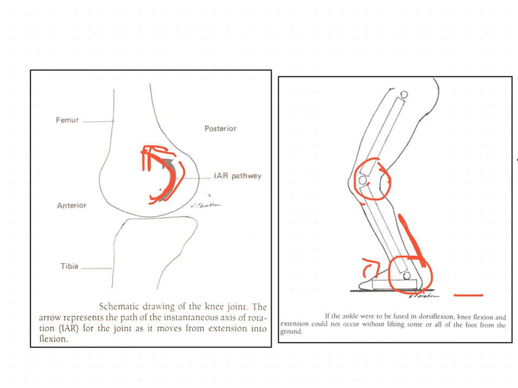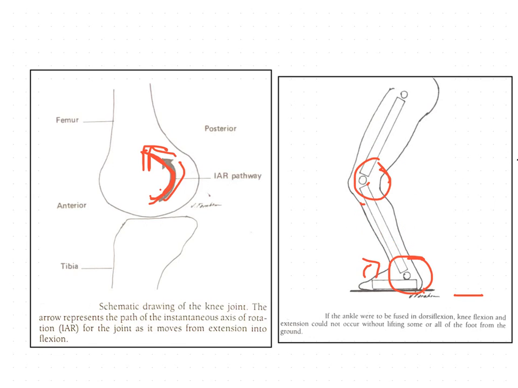If the person wants to flex the knee, the tibia has to come forward. Like this, if it comes forward, then the knee is going to flex more. But here the dorsiflexion is limited. It is not possible to do like this. Then definitely the knee flexion is going to be affected. Okay, this is one thing.